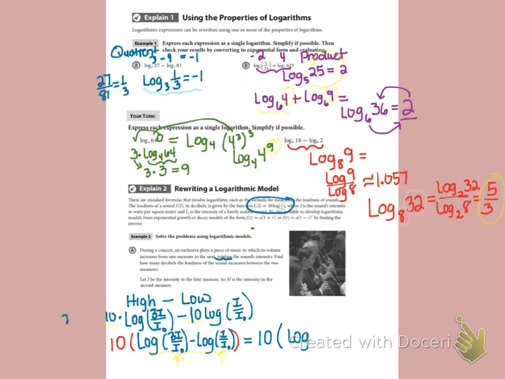So when I divide 3I over I sub 0 by I over I sub 0, that's like saying I'm going to change that to multiplication of the reciprocal. So I'll just rewrite that.